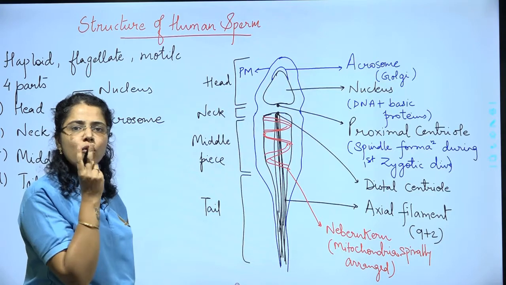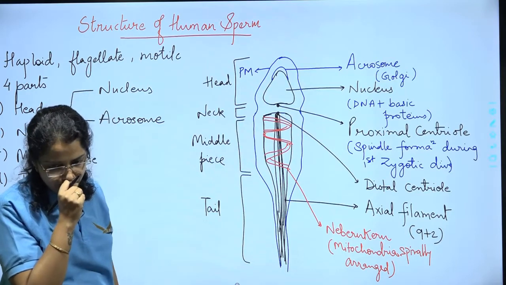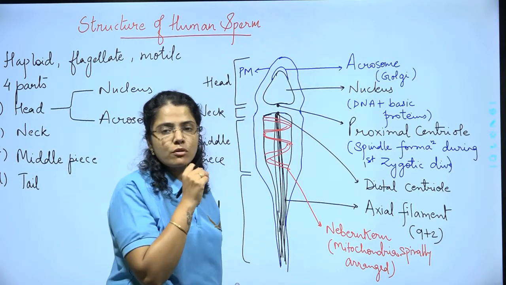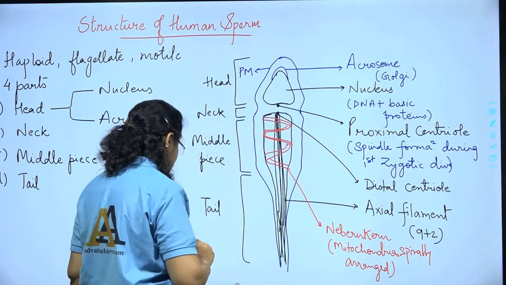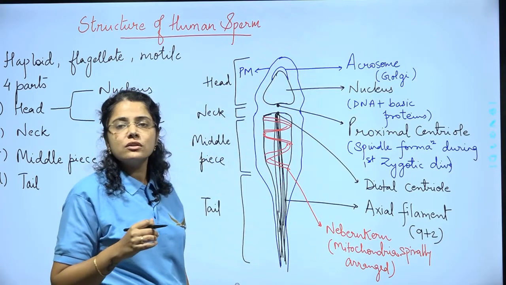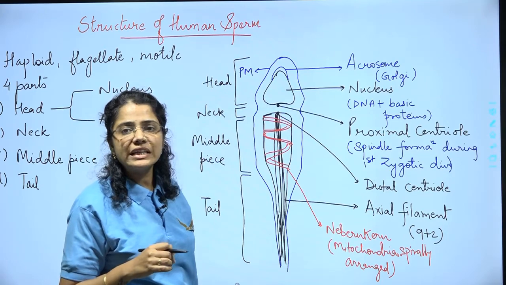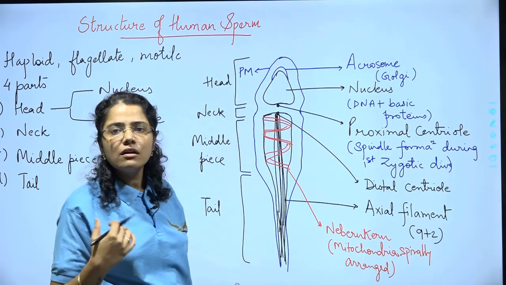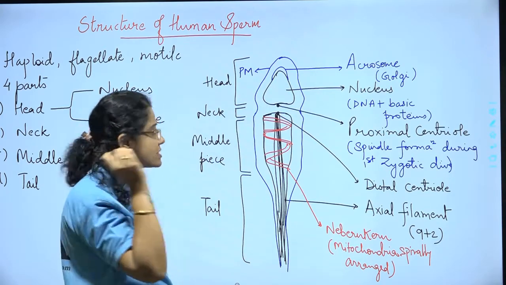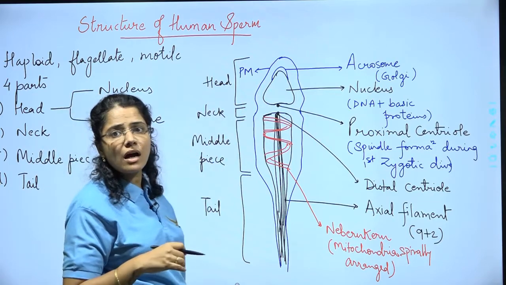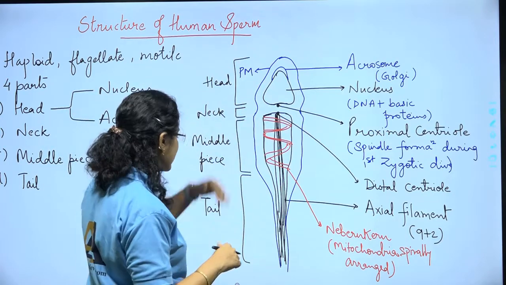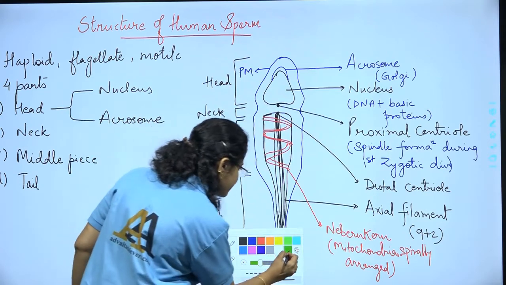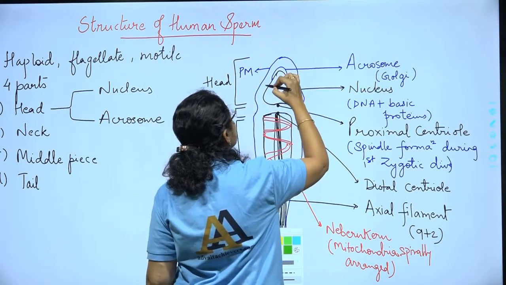Now as I said, 2 more membranes I am supposed to add. So that is what I am going to do. The first one that I am adding is called the galea. Galea is a fibrous membrane present on the upper half of the nucleus. So we'll use a different color to indicate it.